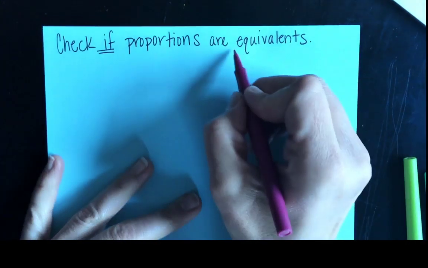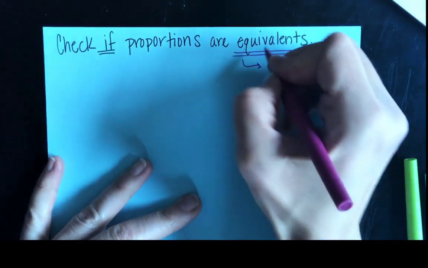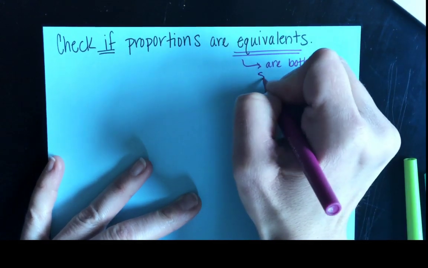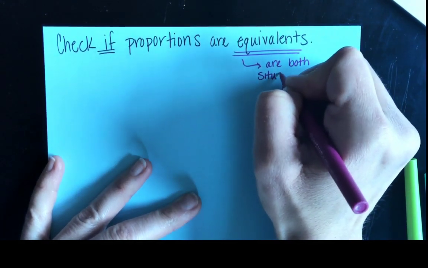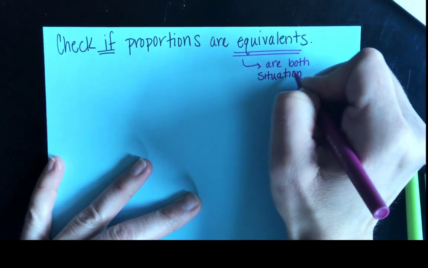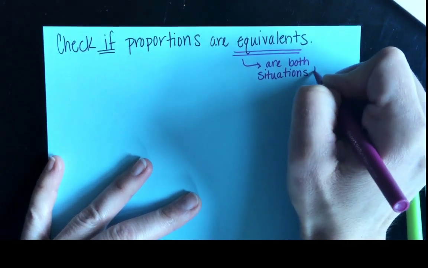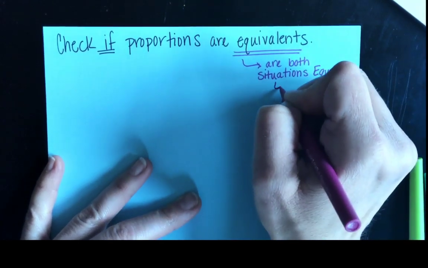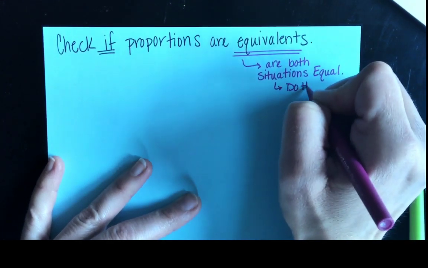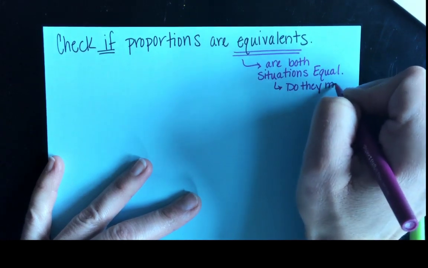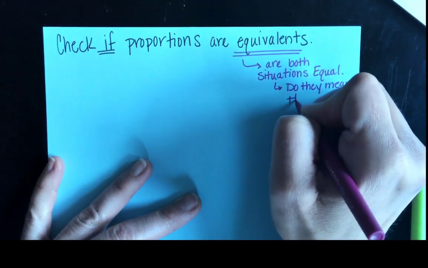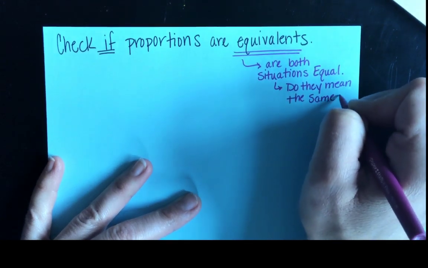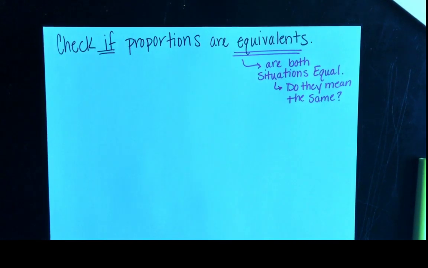Equivalent is just seeing, are both situations, and in this case our proportions, equal? Do they mean the same thing? So that's what we want to check here.